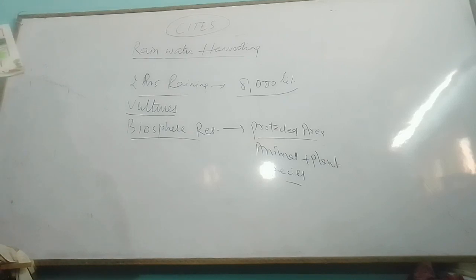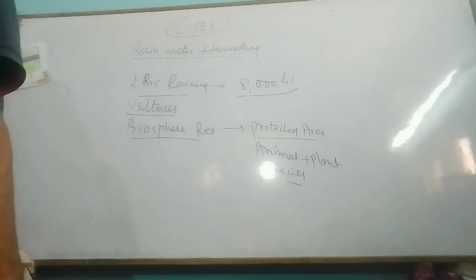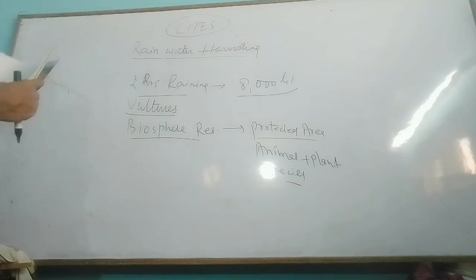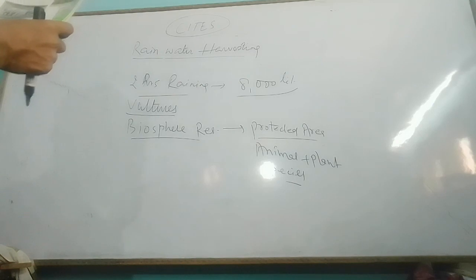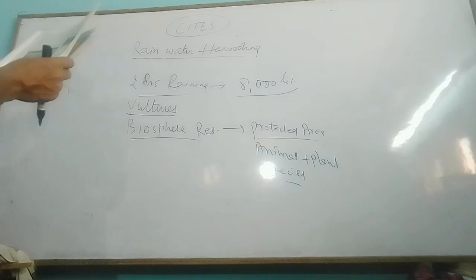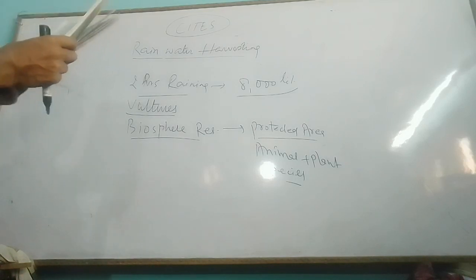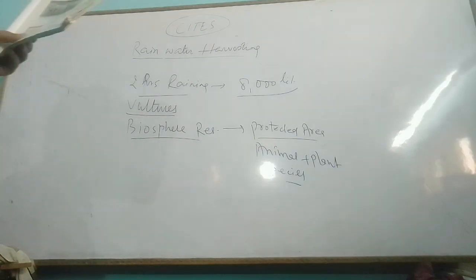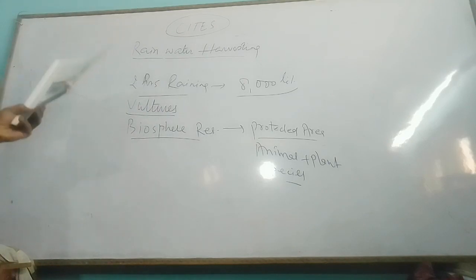It is an international agreement between governments. It aims to ensure that international trade in specimens of wild animals and plants does not threaten their survival. Roughly 5,000 species of animals and 28,000 species of plants are protected.